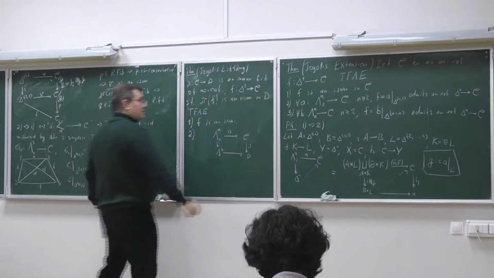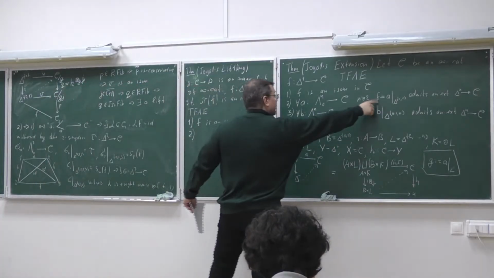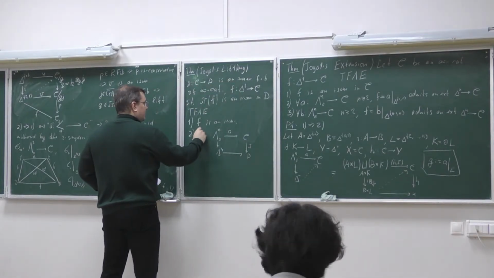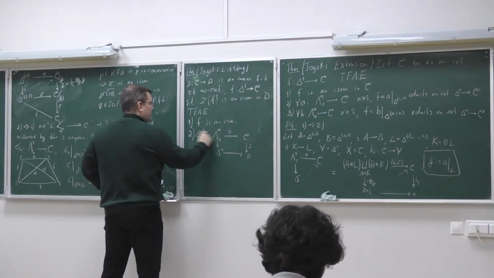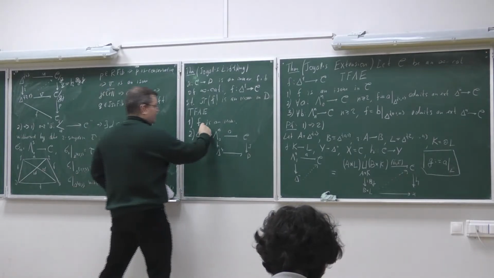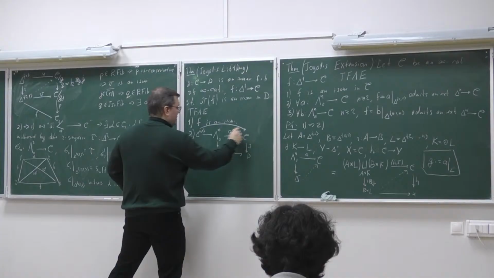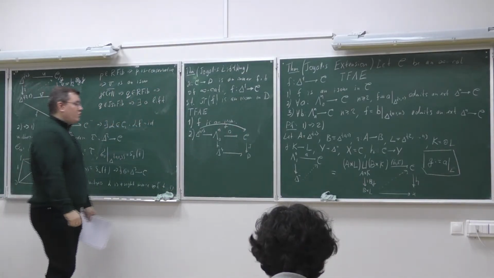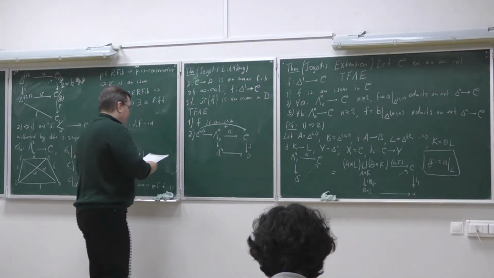And to indicate this condition with the restriction, I can add the inclusion of the simplex delta 0, 1, and this composition is exactly the map f. So to draw all the information on the same diagram.